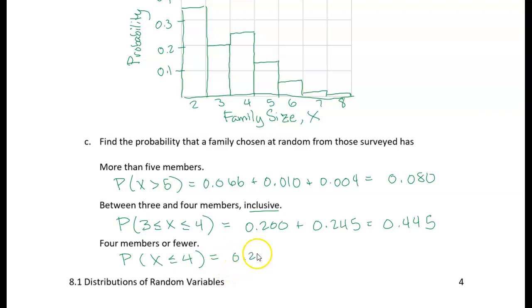So 0.245 is the probability for 4, 0.200 is the probability for 3, and the probability of 2 was 0.350. Add that all up and get 0.795. So about 79.5% that a family chosen at random will have 4 members or fewer.